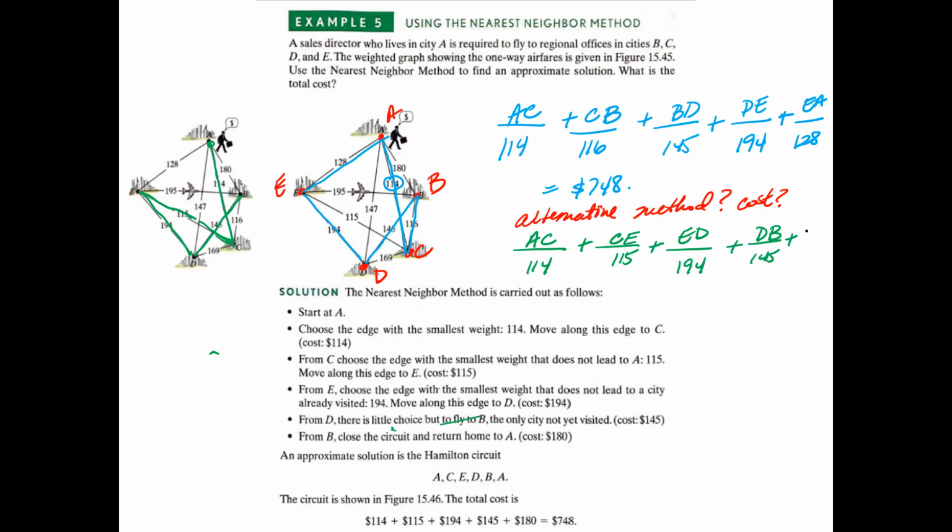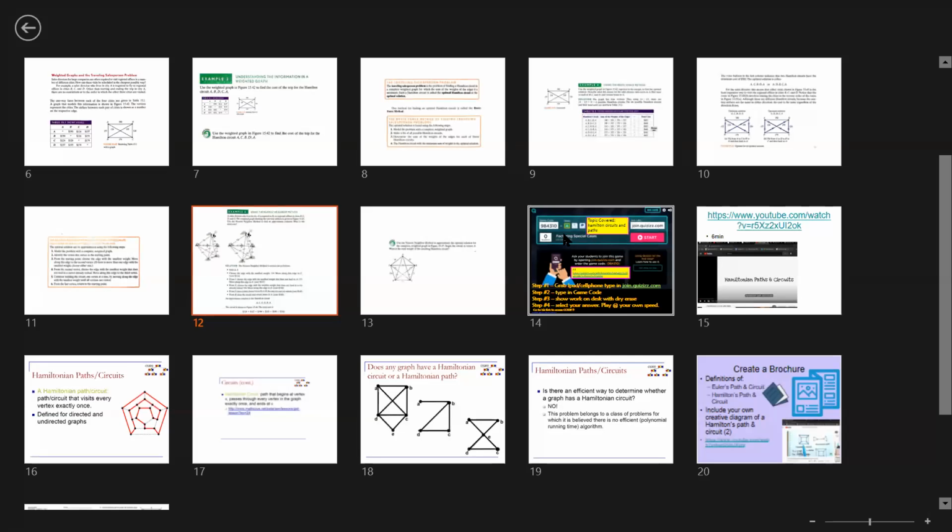And then lastly, we're going to go from B to A, which is going to be $180. And altogether, $748. Both routes are the same, but the paths are a little bit different. All right, you guys, we're gonna move on to the next part after this.